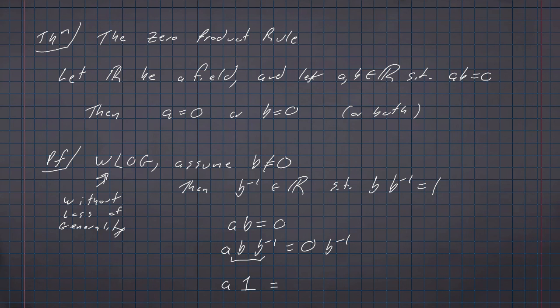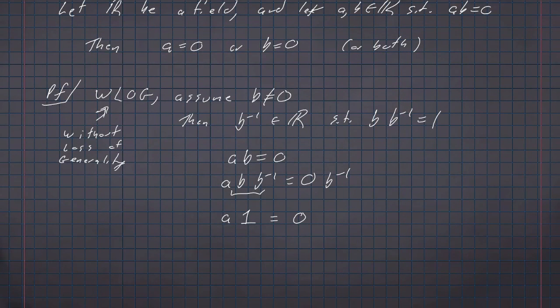On the right-hand side, I just proved that 0 times anything is 0. And one last step, anything times 1 is that thing. So I get that a is 0.